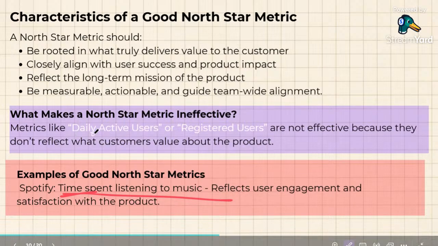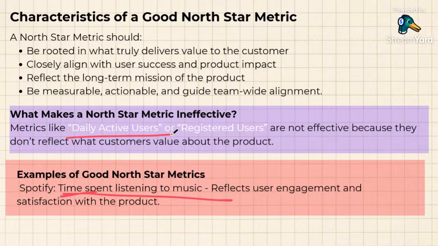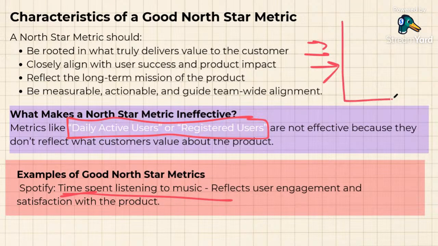Metrics like daily active users or registered users are not as effective because they do not reflect whether the consumer actually values the product. For example, there can be a product with great downloads, but the activity is almost null on that platform.